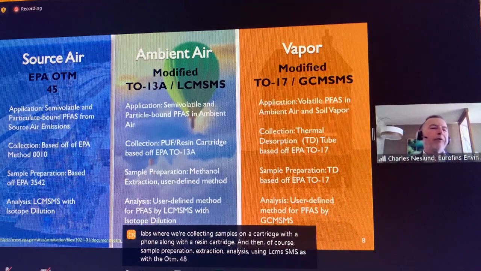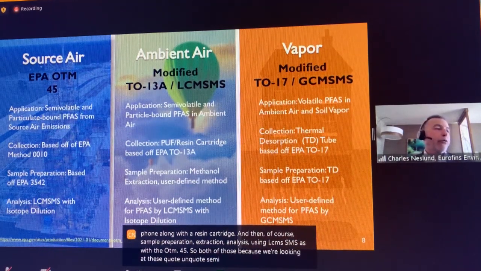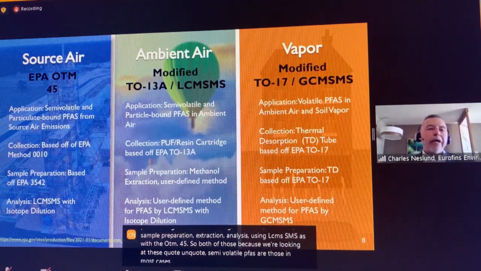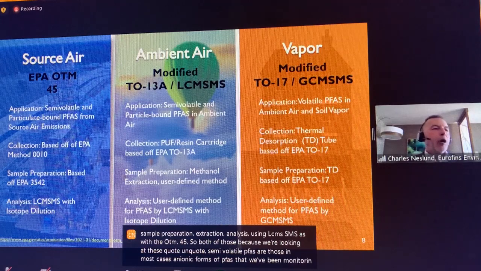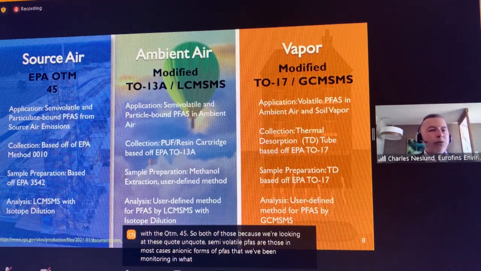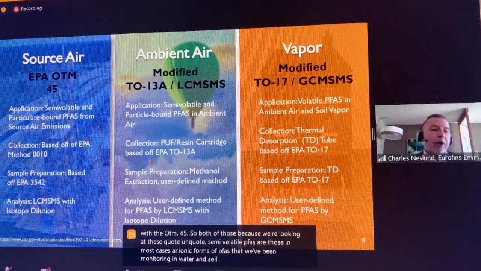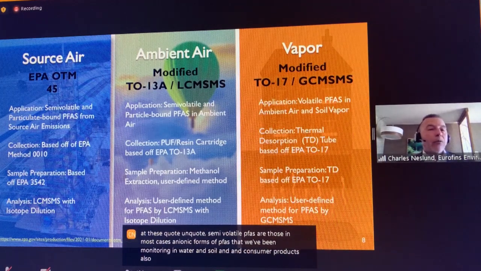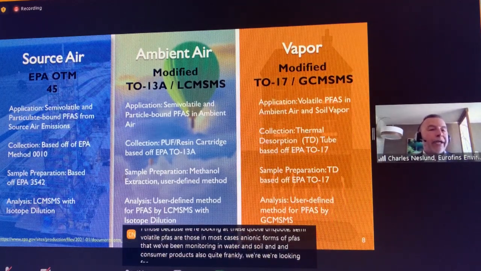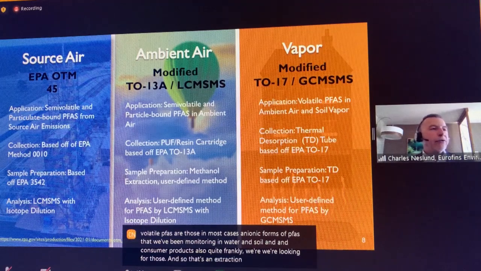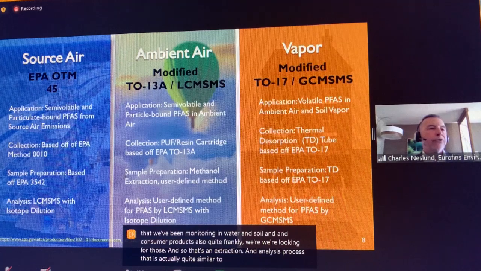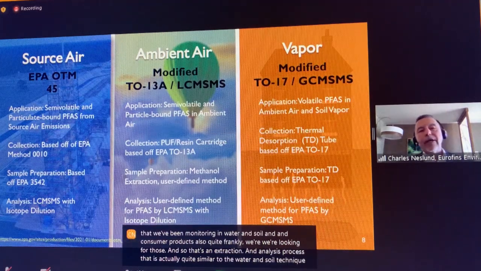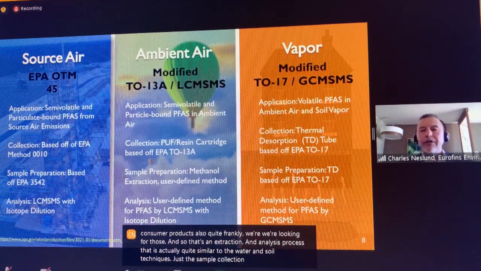So in both of those, because we're looking at these quote-unquote semi-volatile PFAS, or those, in most cases, anionic forms of PFAS that we've been monitoring in water and soil and consumer products also, quite frankly, we're looking for those. And so that's an extraction and analysis process that is actually quite similar to the water and soil techniques, just the sample collection is significantly different.